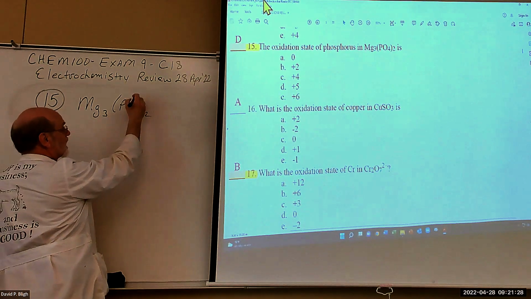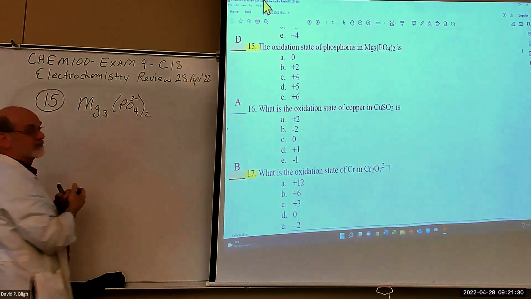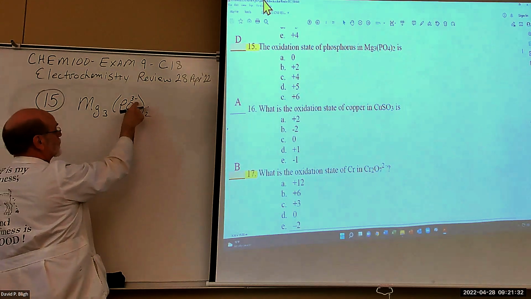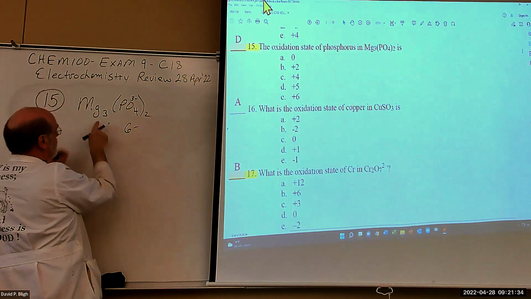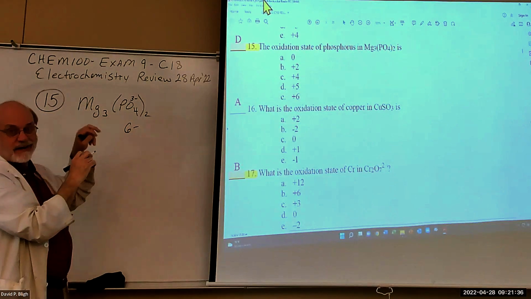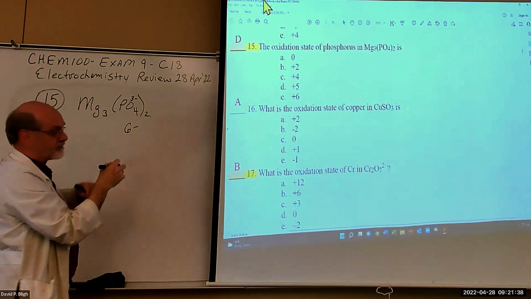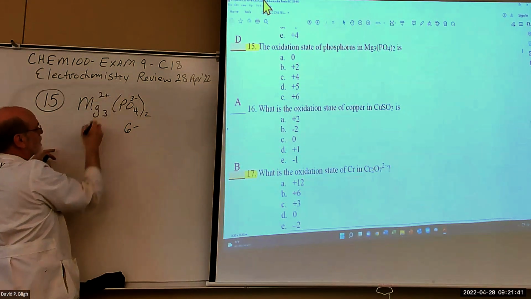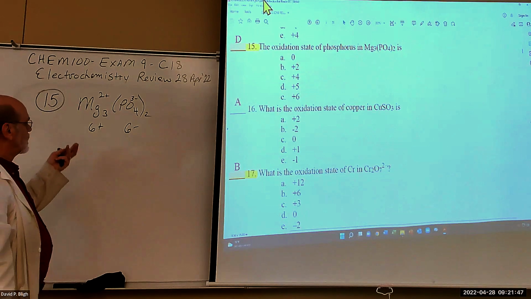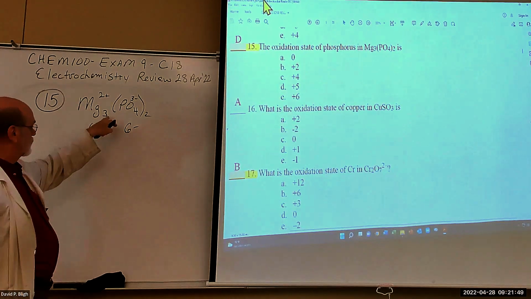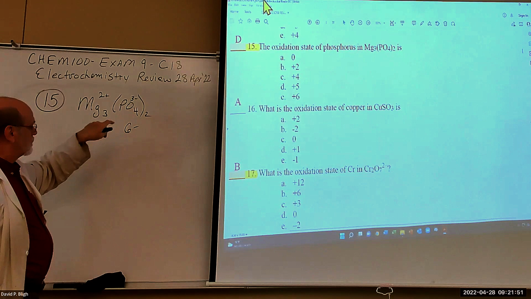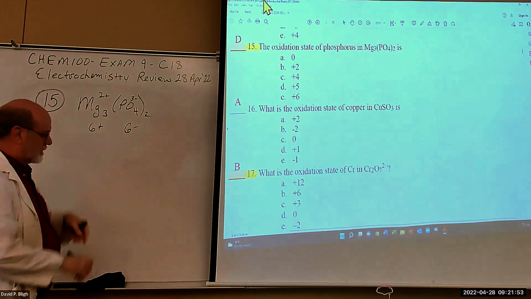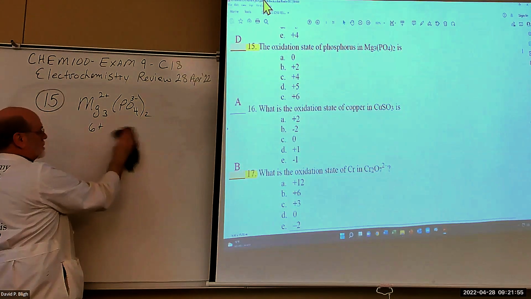Phosphate is a polyatomic ion with a 3- charge, right? So 2 times 3- is 6-. Magnesium, alkaline earth metal, which is a 2+, which means it's a 6+. Okay? So it's written correctly. 3 of these, 2 of those, but we want to get at this one right here. You have 2 choices.